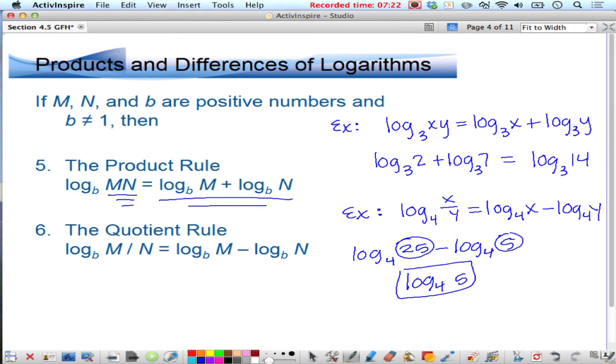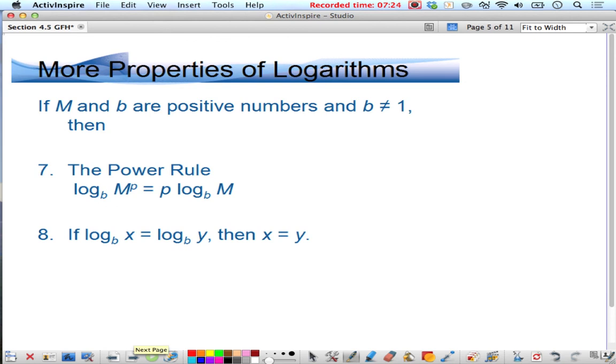Okay, well that brings us up to the power rule. The power rule says that as long as m and b are positive numbers and the base is not equal to 1, then log base b of something to the p power is equal to p times the log base b of the base that was there to start with.